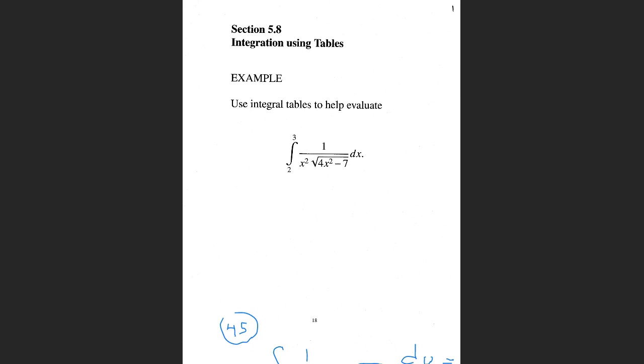Okay, that equals the square root of u squared minus a squared, all divided by a squared u, plus a constant.